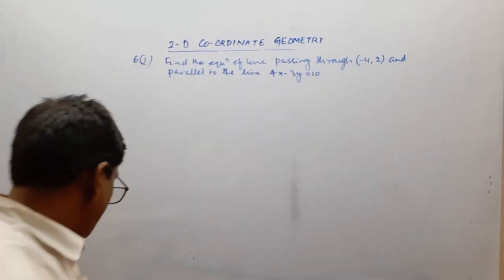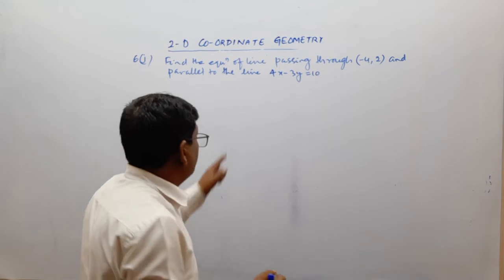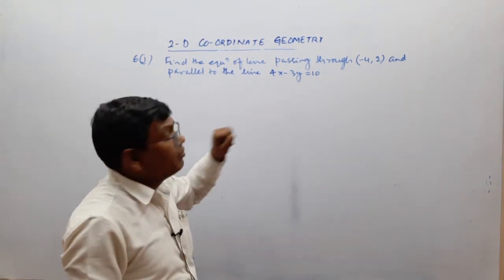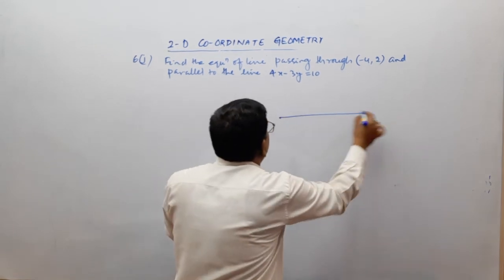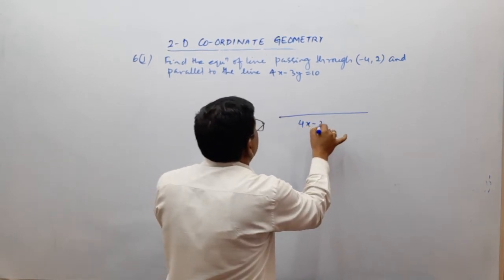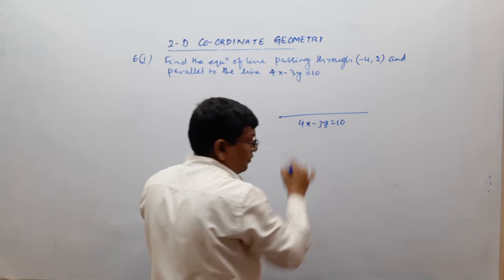Now another question. Find the equation of the line passing through the point (-4, 2) and parallel to the line 4x minus 3y is equal to 10.